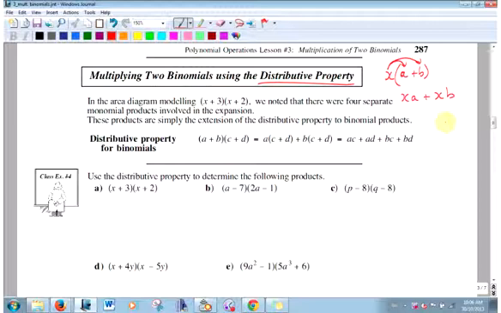But now I have two things outside the brackets, not just one thing. It's not a monomial, it's a binomial. So all you have to do is do the same thing twice. This is multiplied by everything in the brackets.